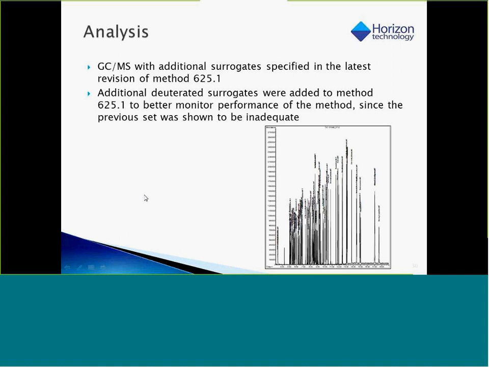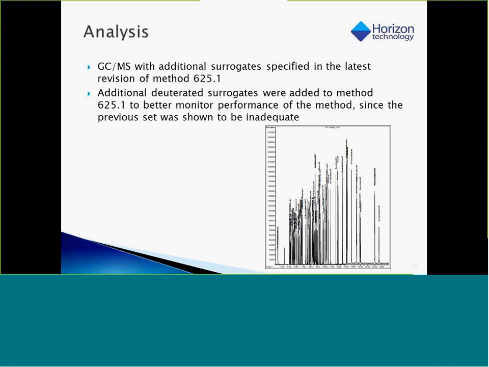One of the things that's different in method 625.1 is surrogates. One of the things that came out of the round-robin work that we did early on with the EPA was they realized that the surrogates that were included in the old method 625 were not adequately showing performance of the method while it was being run.